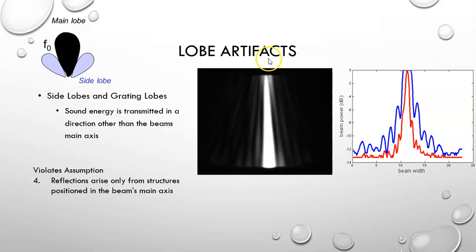This image in the center here, again, you see the main axis beam coming off, and you see these grating lobes off to the sides. They're weaker than the main axis, so they're not going to cause as bright of an echo, but there's real energy in there, so yes, it can cause an echo to occur.